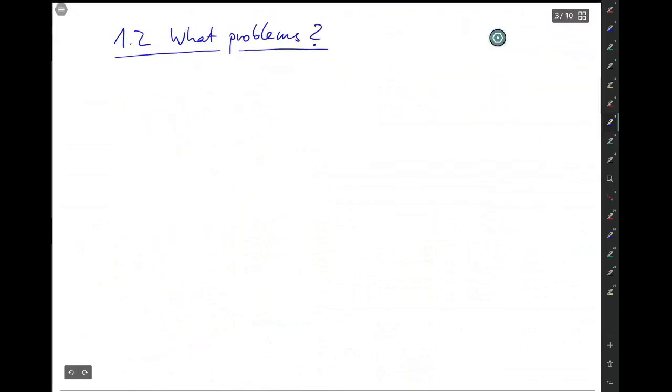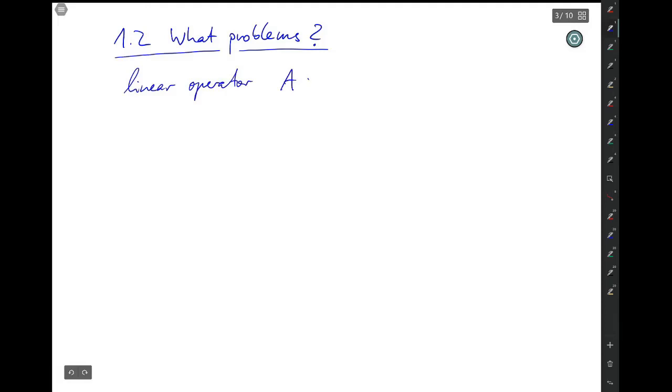Okay, so what problems are we talking about? When we say we keep it general, we take a linear operator A between linear spaces X and Y, and we study three different problems.